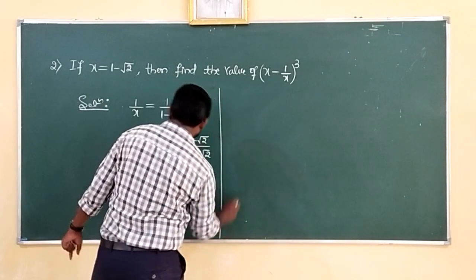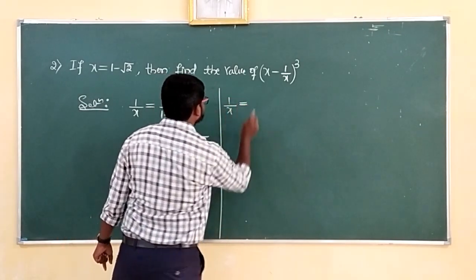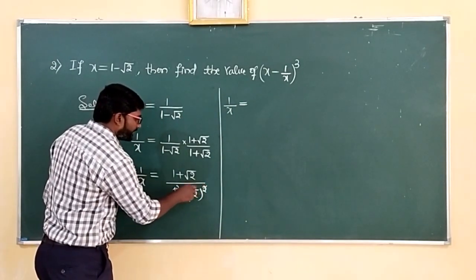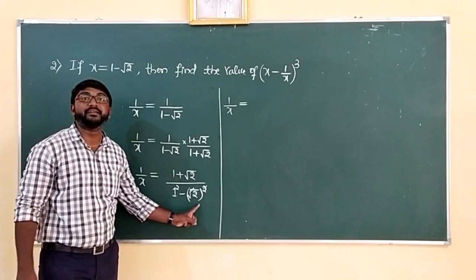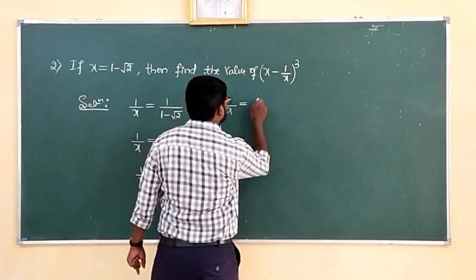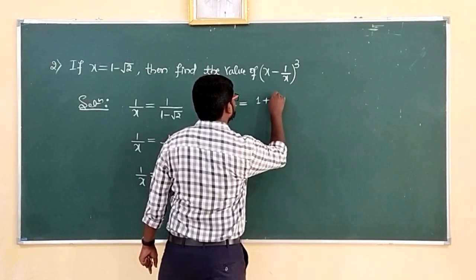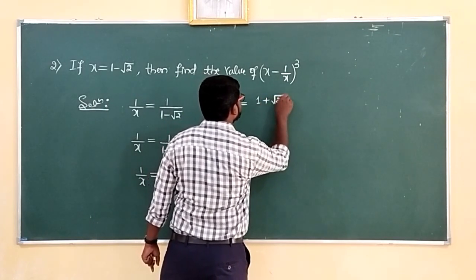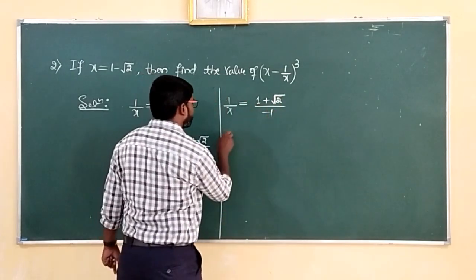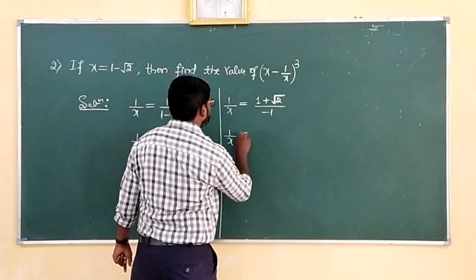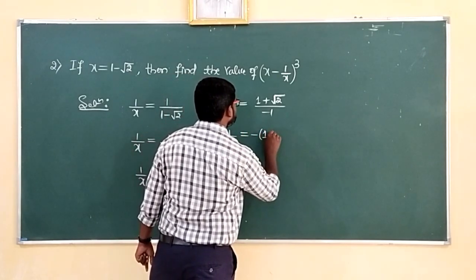In the next step, square and root get cancelled. 1 square is 1, 1 minus 2 is minus 1. So we have 1 plus root 2 divided by minus 1. This can be written as 1 by x equals minus of 1 plus root 2.